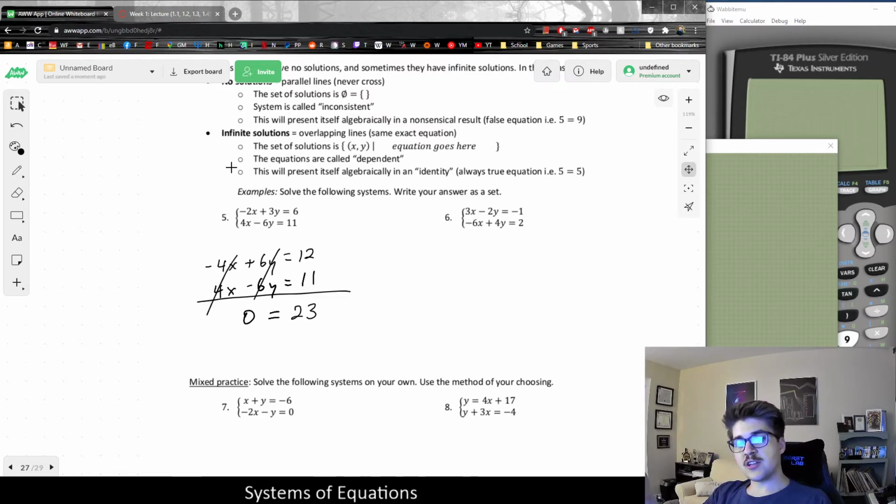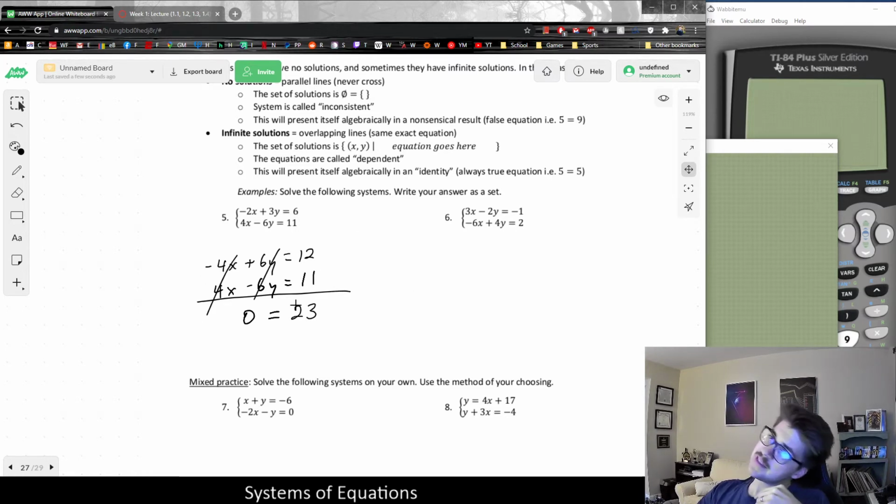In this situation, you might remember this from chapter 1, but anytime in math when I wind up with an equation which is false, what that means is that whatever I was doing has something wrong with it, meaning really there is no possible solution. There is no way that there is this commonality.